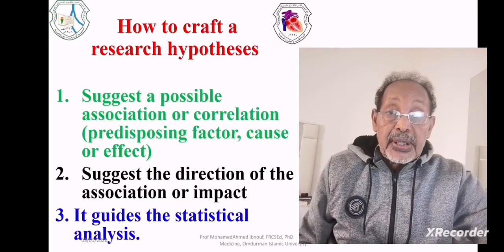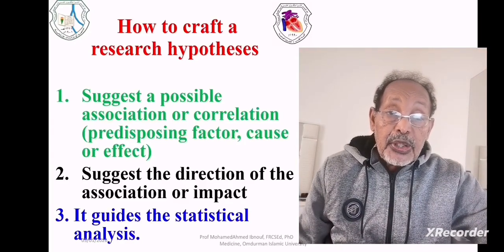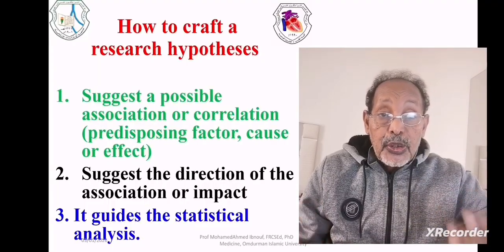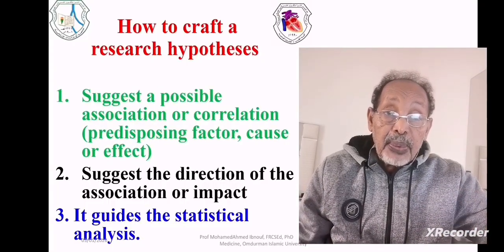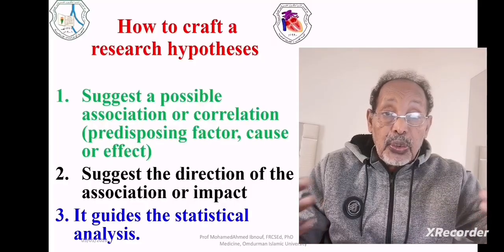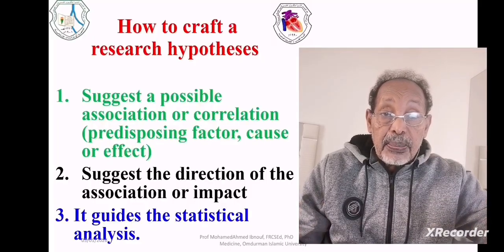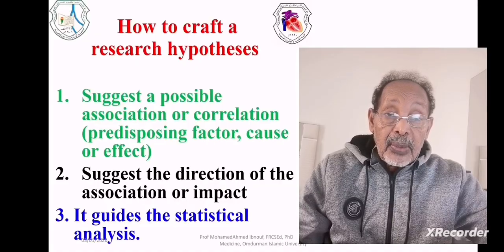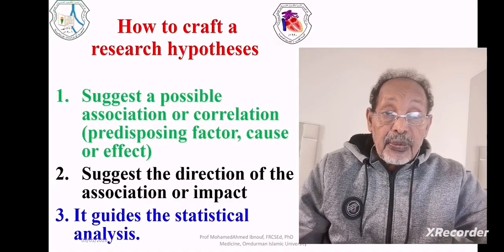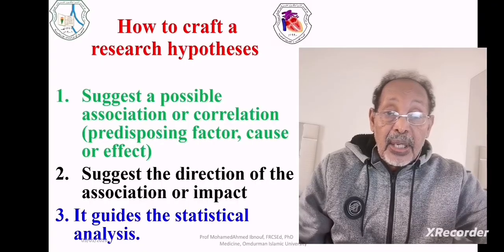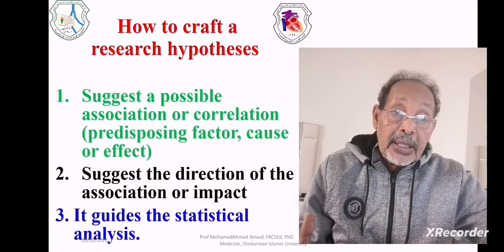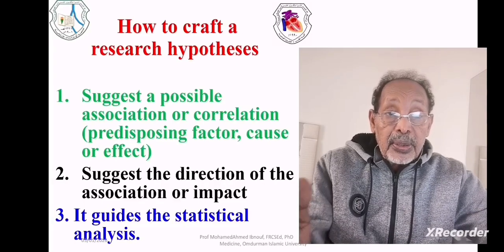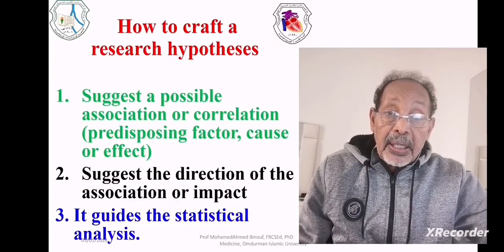And the hypothesis suggests possible association. It is our thinking of the association between these variables. The hypothesis, it is our postulation of the relationship or correlation or association between these variables, between the predisposing factors or the factors of the cause and their effect. We are going to demonstrate that in a minute.